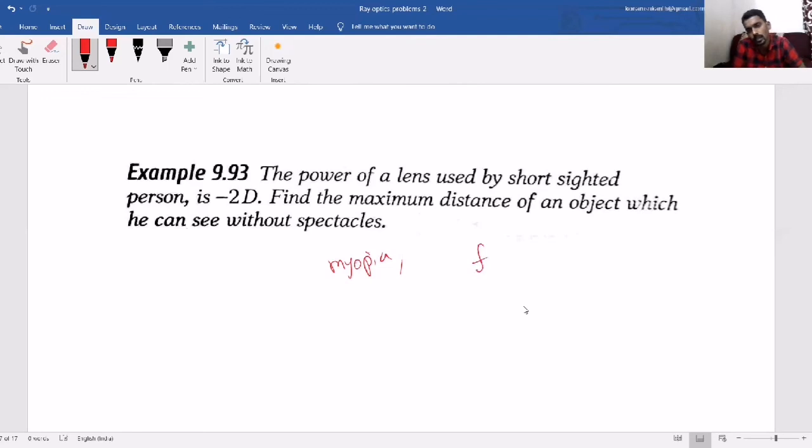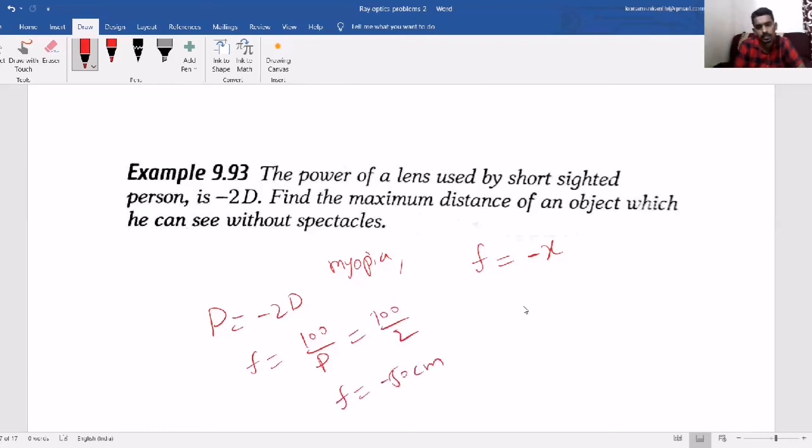In case of myopia, we use a concave lens whose focal length is equal to -x. Here they have given the power, -2 diopter. So focal length is 100 by P, that is 100 by 2, so the focal length is -50 centimeter. That means the x value is -f. What is x? The maximum distance he can see without help. That is minus of -50, that is 50 centimeter.